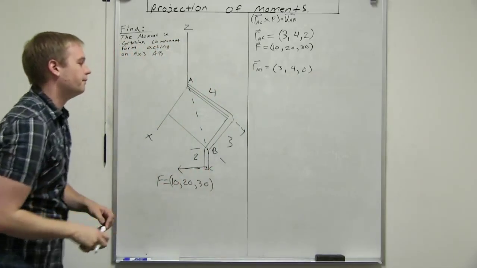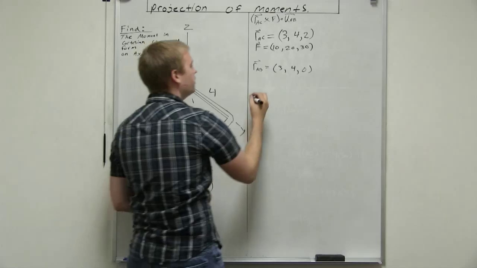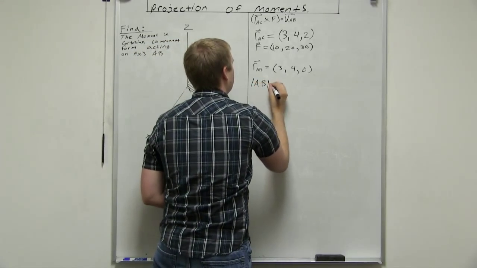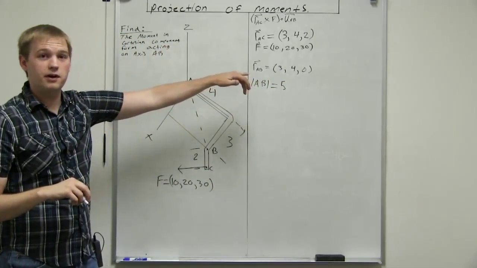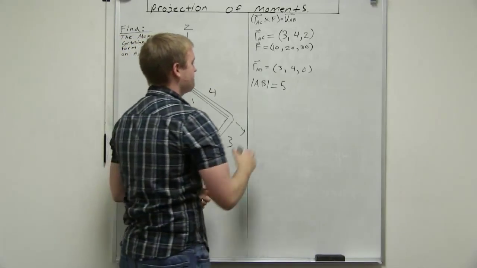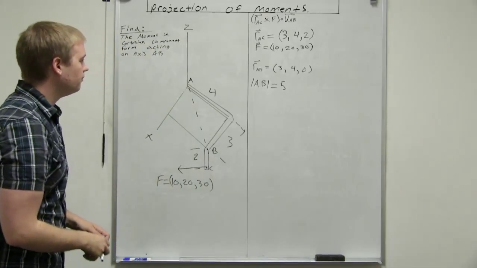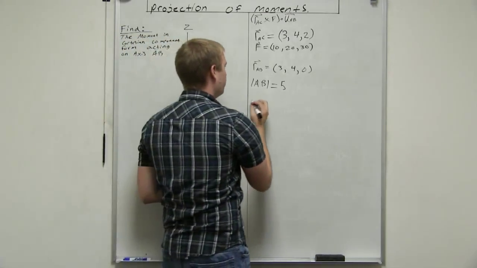Okay. And the other thing we need to complete our unit vector is the magnitude of AB, which is 5. 3 squared plus 4 squared, take the square root of those, equals 5. Okay. So what we do next is we calculate our unit vector.